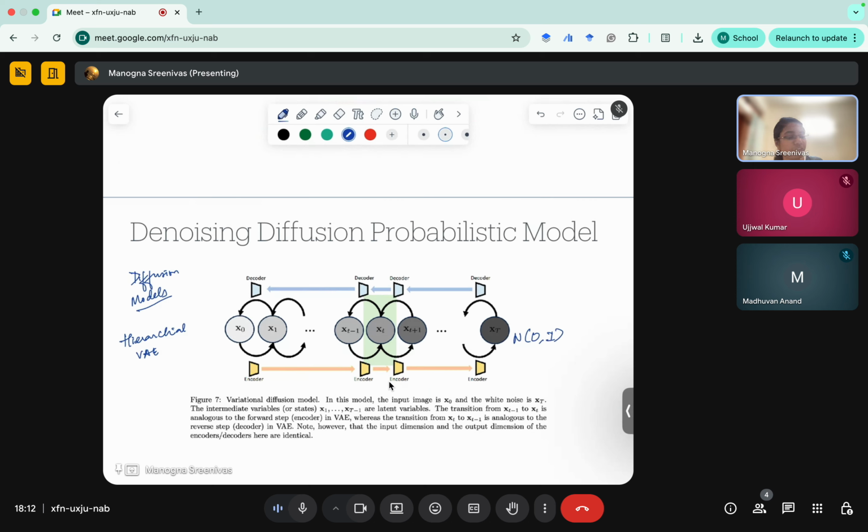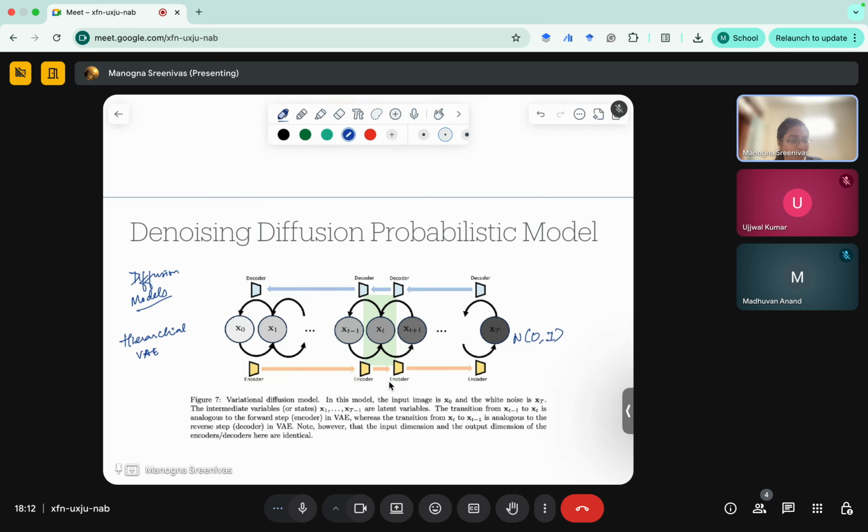So you can think of it like, rather than going from image to noise in one go, the encoder adds a slight amount of noise, and then the decoder learns to denoise it in a stepwise manner.